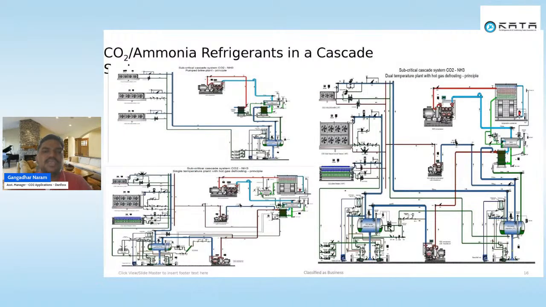So one more thing we need to understand here is the CO2 ammonia refrigerant cascade system. Take, for example, fisheries, food processing industries, cold storage industries, dairies, ice cream industries.